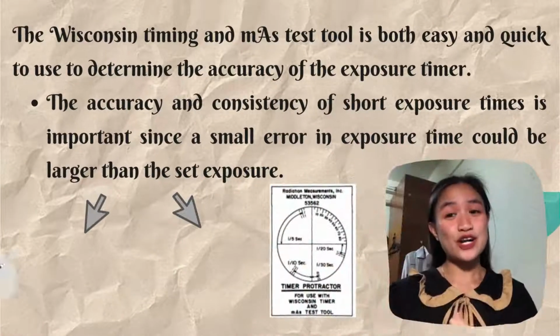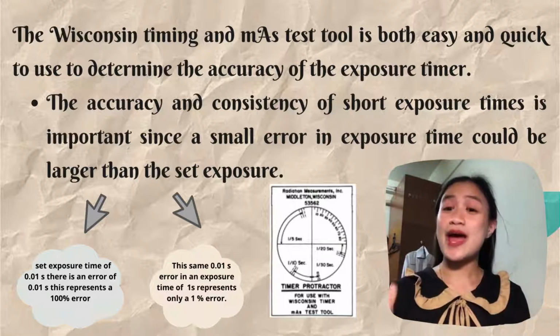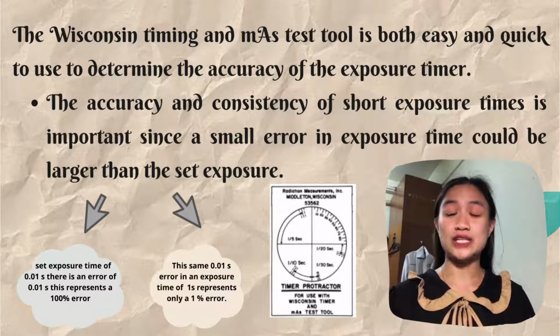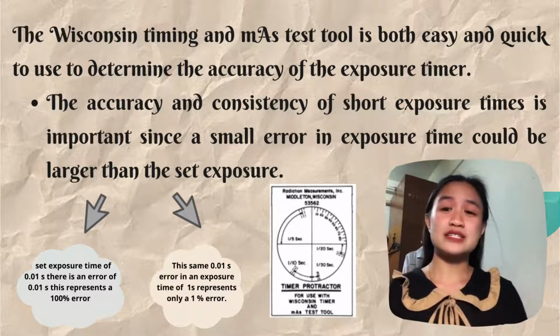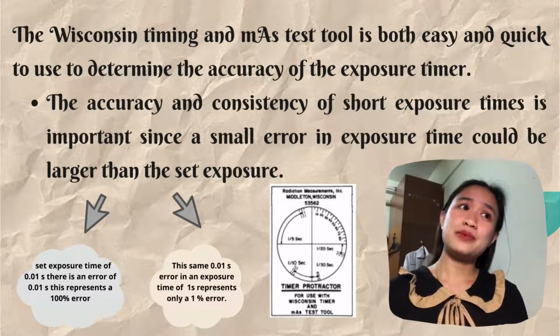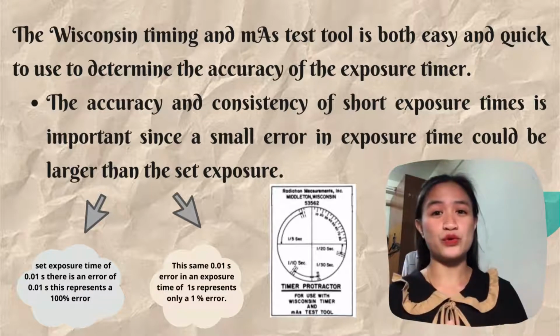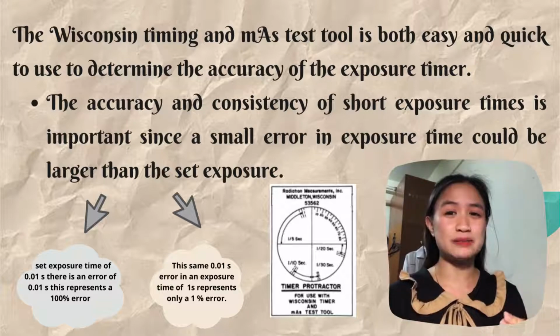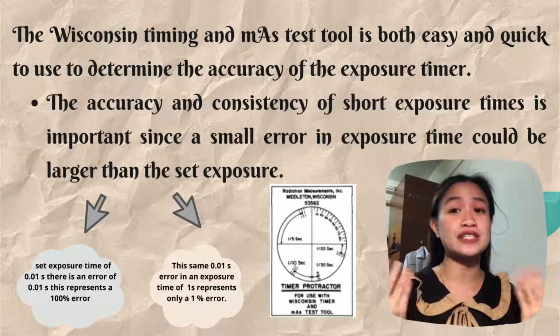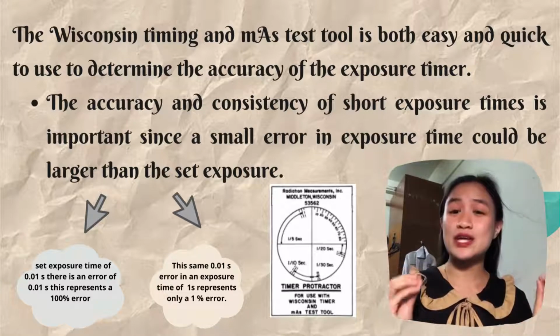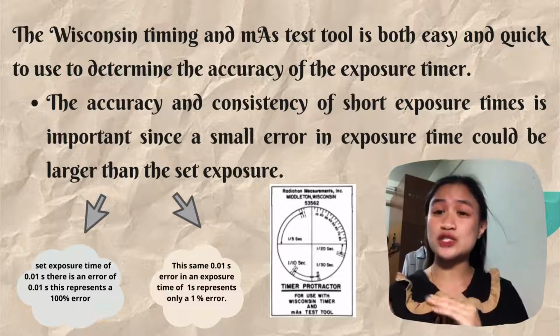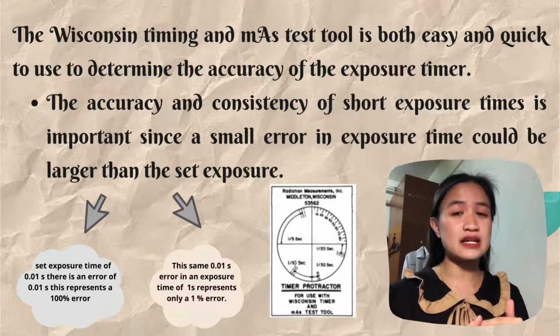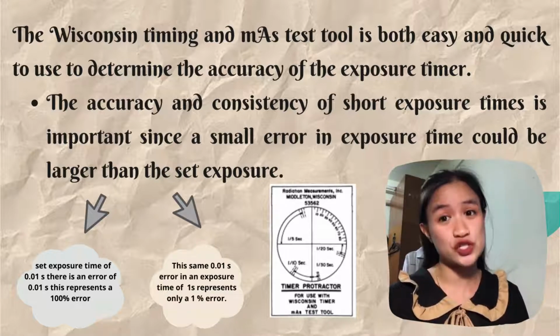Now, let's focus on our topic today, which is exposure time accuracy in quality control. The Wisconsin timing and milliampere seconds test tool is both easy and quick to use to determine the accuracy of the exposure timer. The accuracy and consistency of short exposure times is important since a small error in exposure time could be larger than the set exposure.